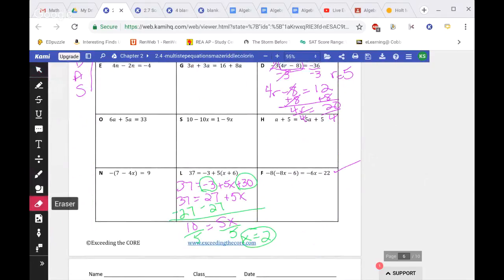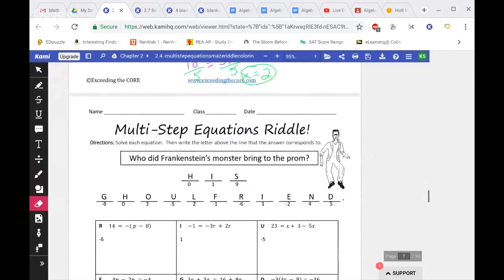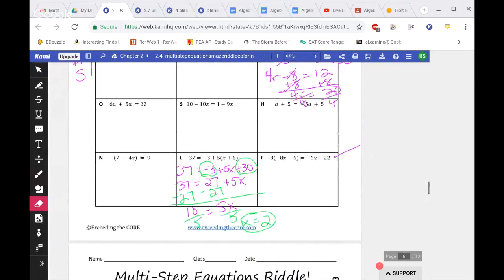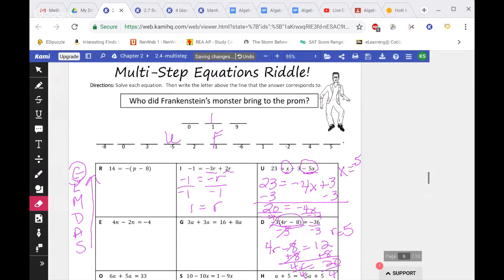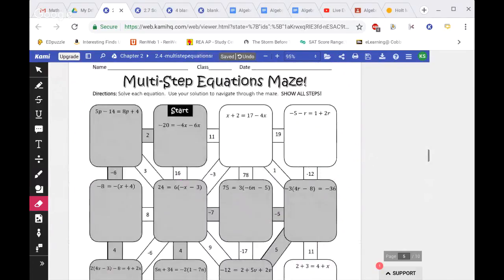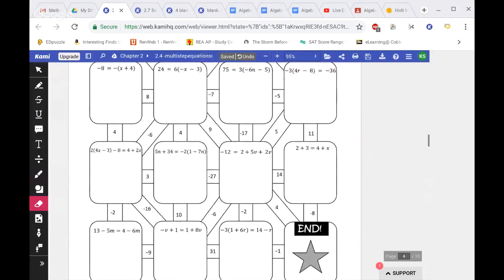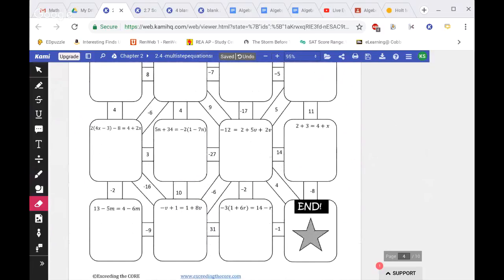It's on the back. On the back. So, oh, it was the maze. Yay. There we go. One of these? Yeah, those are the right ones right there.